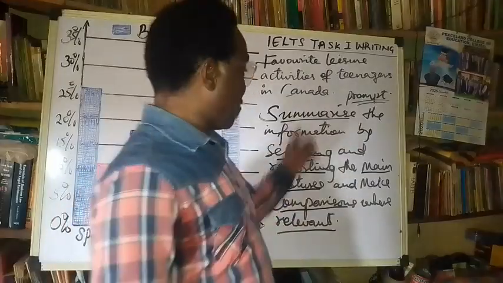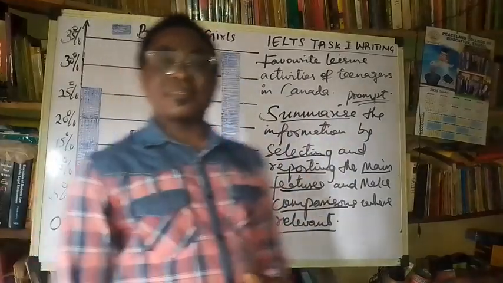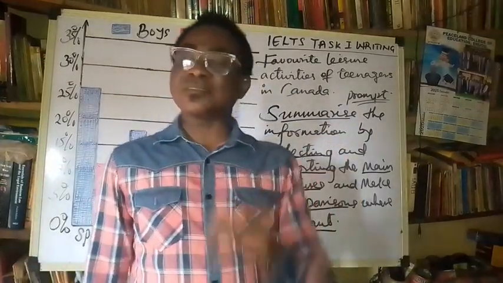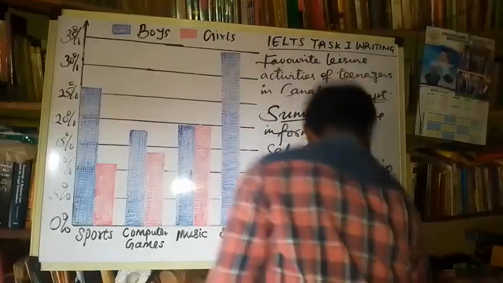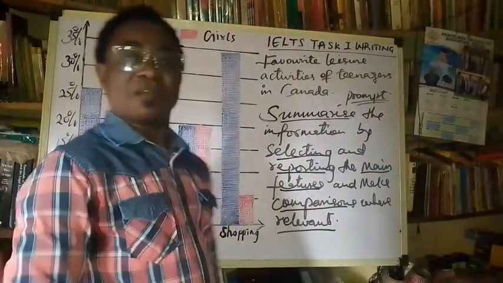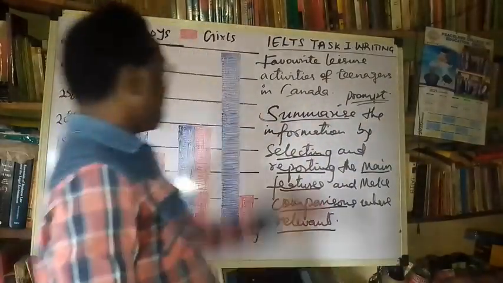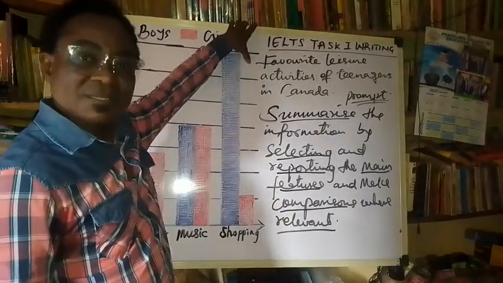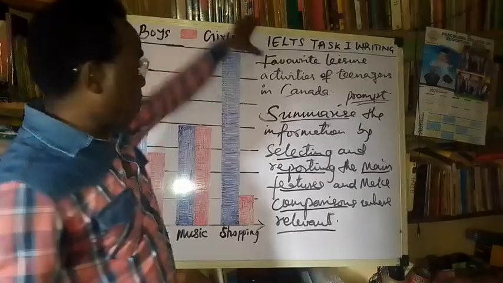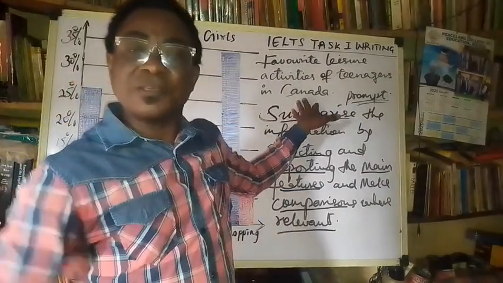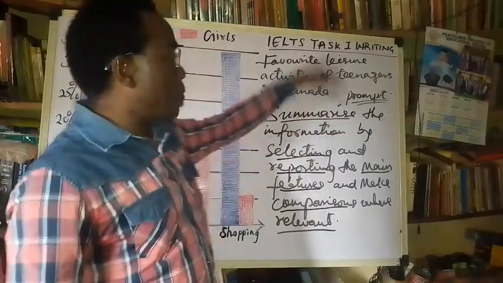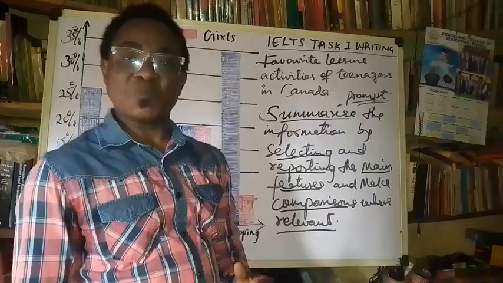So the task before us now is the intro, to write the first paragraph. I have often pointed out how the first paragraph is to be written. The basic information on the statistical model provided gives us what to write in the intro. We are to paraphrase it.